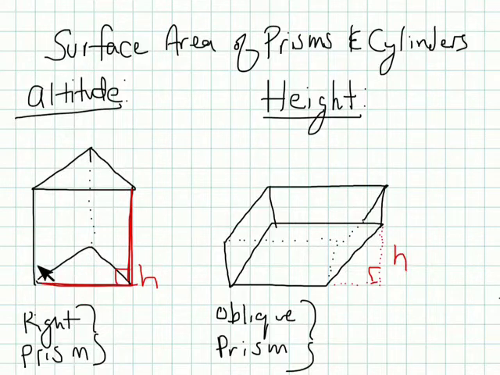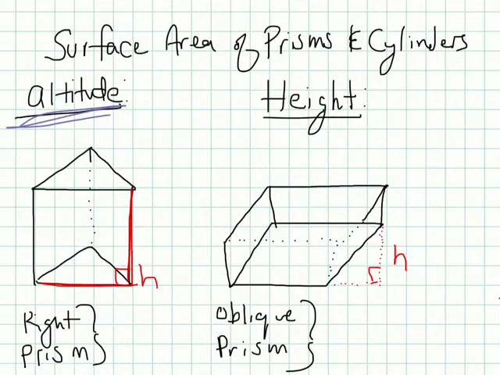The other walls, or faces, the ones that go around it, not the top and bottom, are called your lateral faces. Moving into our prisms, the first definition we're looking at is altitude. The altitude of a prism is a perpendicular segment that joins the planes of the bases. Let me say this again and point it out.